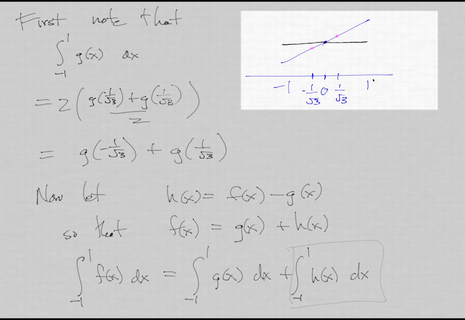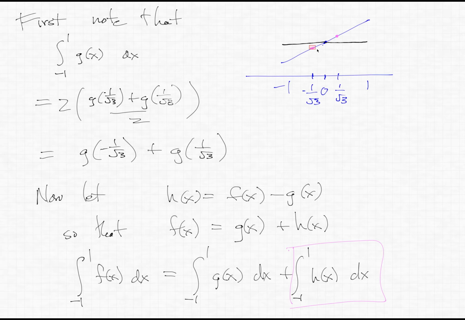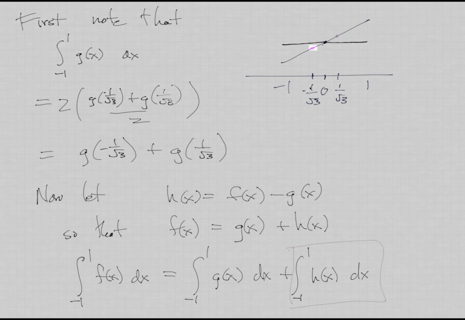The 2 pink points are the sample of f at -1 over radical 3 and the sample of f at +1 over radical 3. So we sampled the function at those 2 points, and then we drew the straight line that connects them, and that straight line is g. What we're going to claim is that finding the area under g from -1 to 1 will give us the same value as the area under the original function f from -1 to 1.